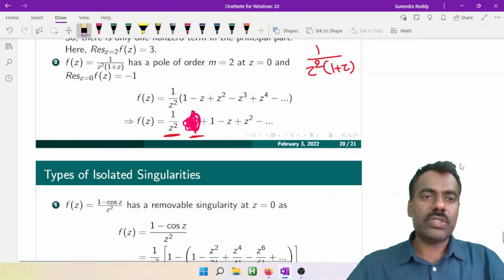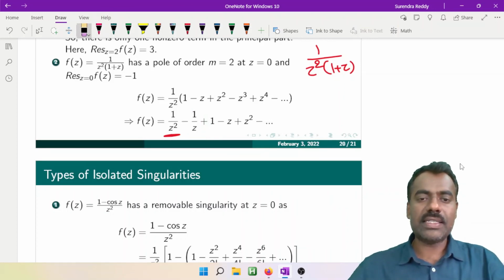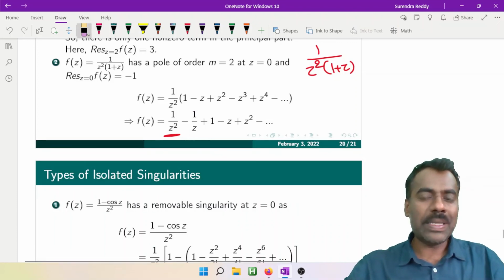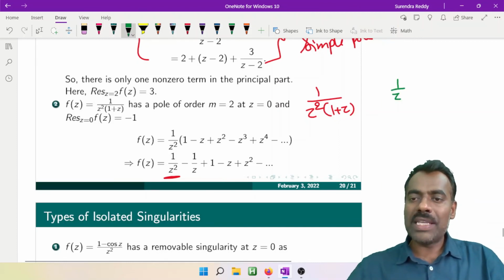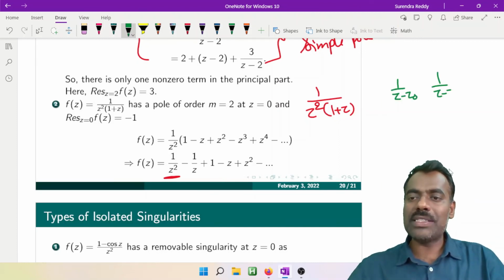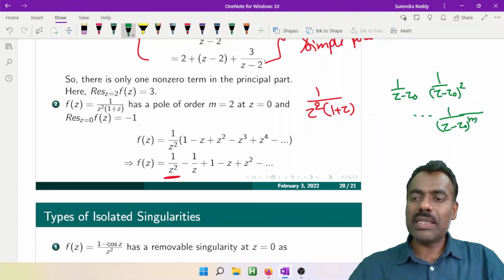Many times we think that if it is of order m, then 1 by z minus z naught, 1 by z minus z naught square, up to 1 by z minus z naught to the power m should all be non-zero. It is not necessary.